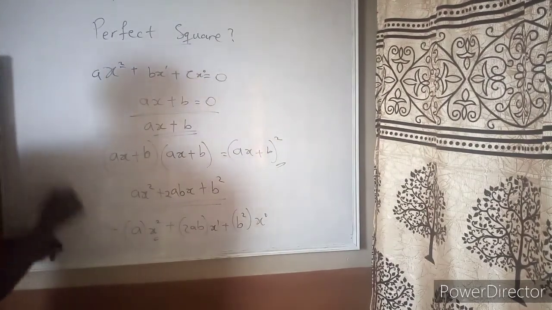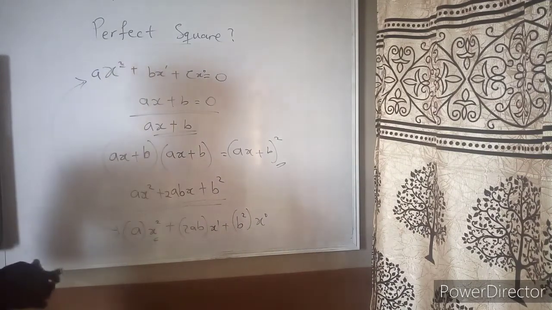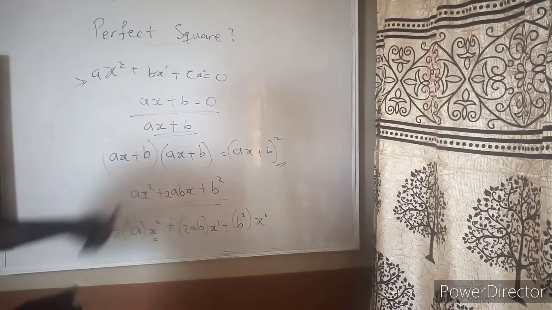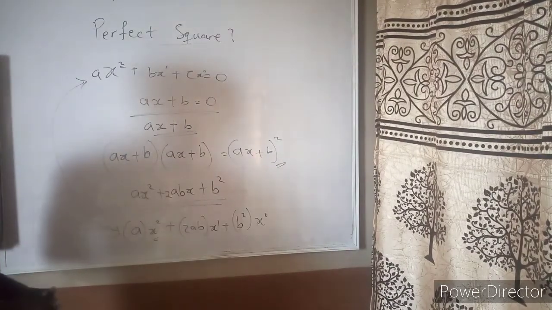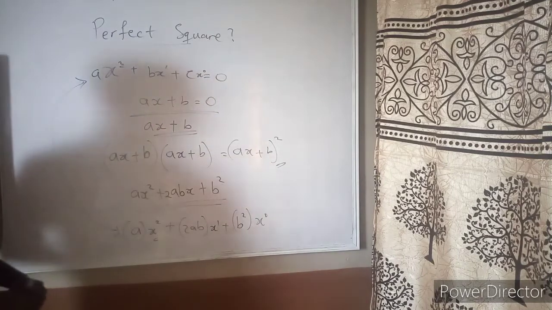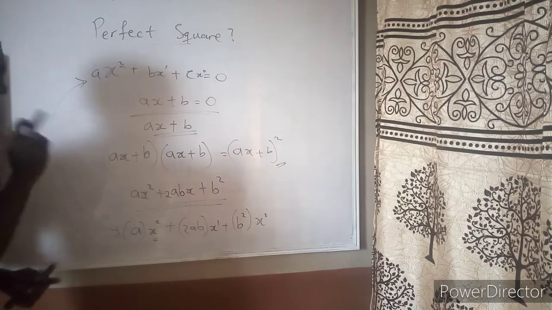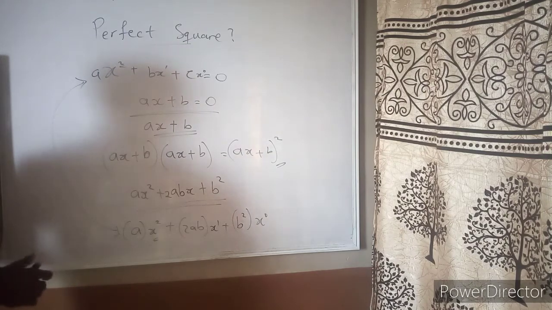Whenever the highest power of x is 2, it is said to be a quadratic equation. So it is a perfect square quadratic equation because it is the multiplication of two simple linear expressions, the same simple linear expressions, not different ones.